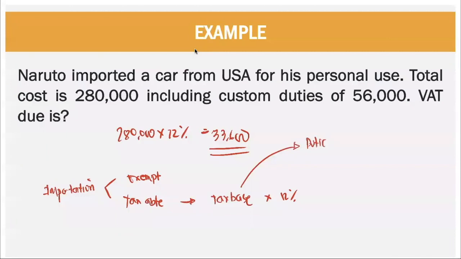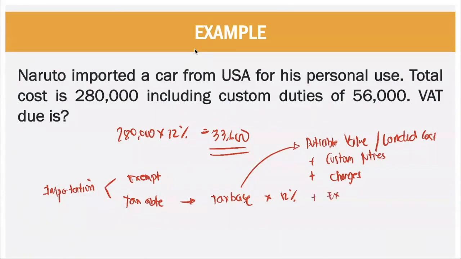That is your dutiable value or landed cost, plus your customs duties, plus your charges. Take note, for charges, only those charges prior to the release of the goods from customs. And lastly, you need to add your excise tax. Okay? So that is your VAT on importation.